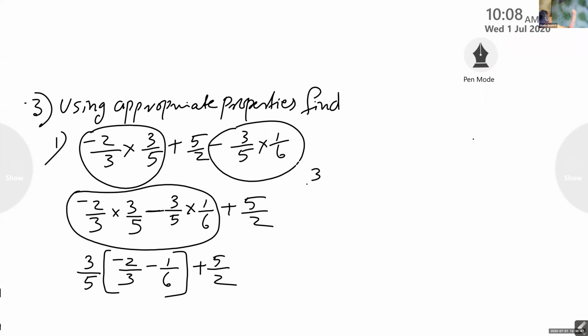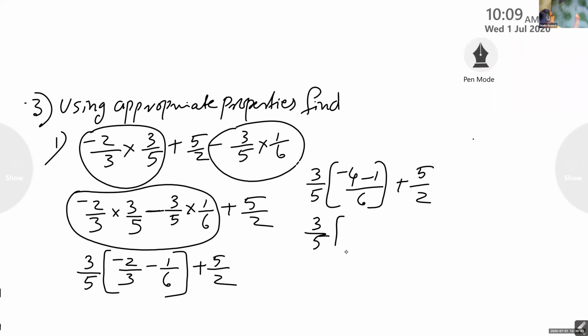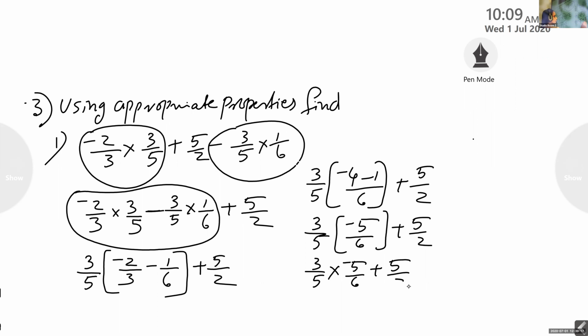So 3 by 5 into negative 4 minus 1 by 6 plus 5 by 2. So 3 by 5 into negative 5 by 6 plus 5 by 2.